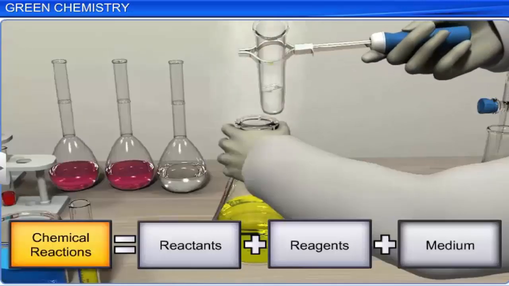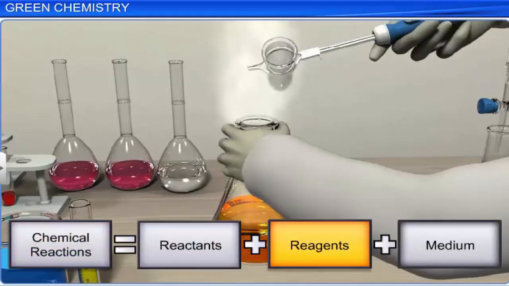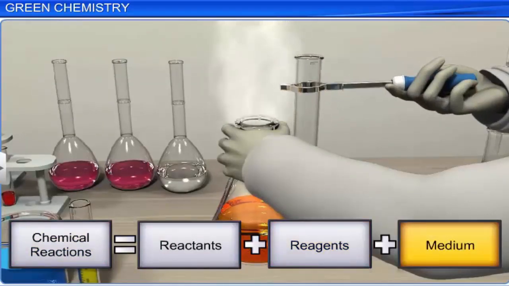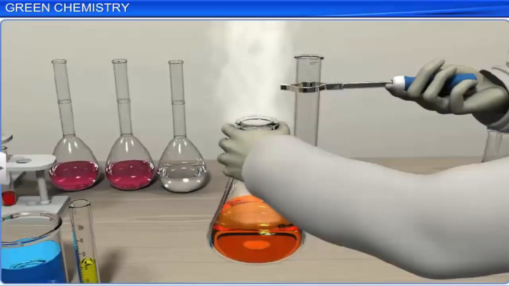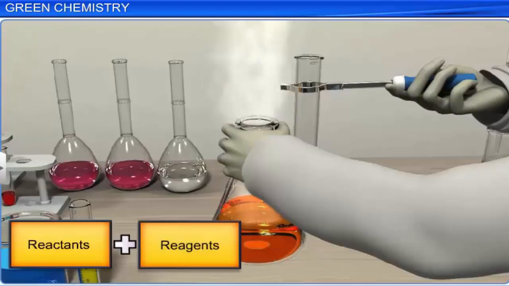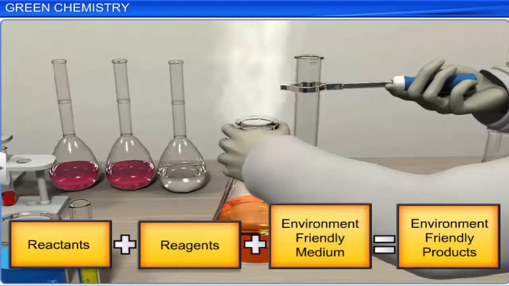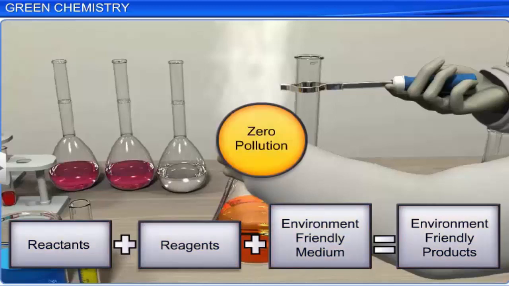All chemical reactions involve reactants, attacking reagents, and the medium in which the reaction takes place. If the reactants in a chemical reaction are completely converted into environment-friendly products through an environment-friendly medium, then there would be zero discharge of pollutants.